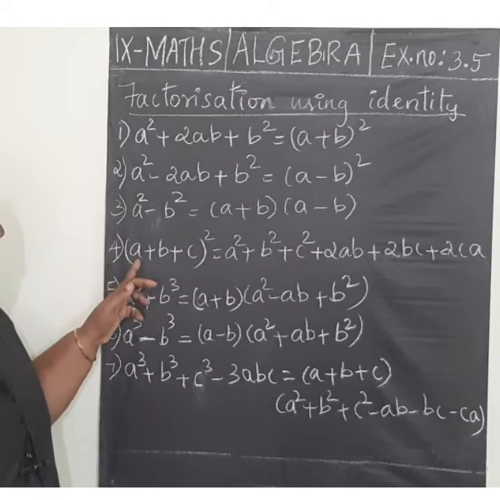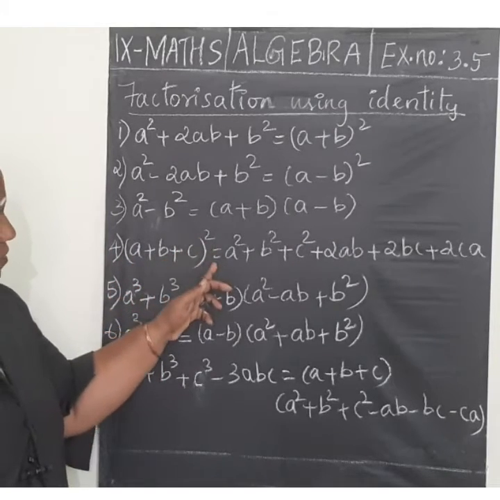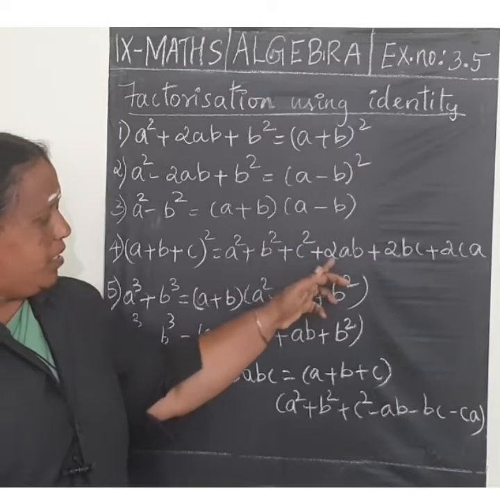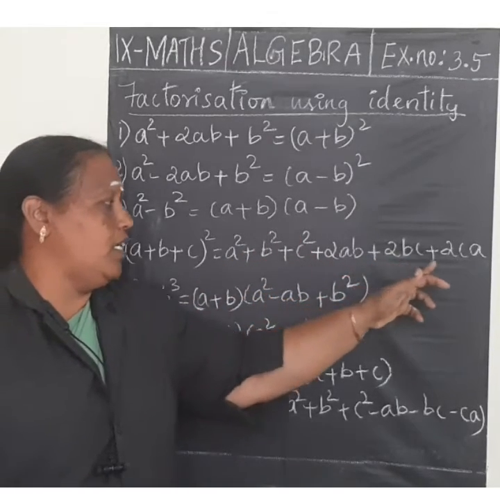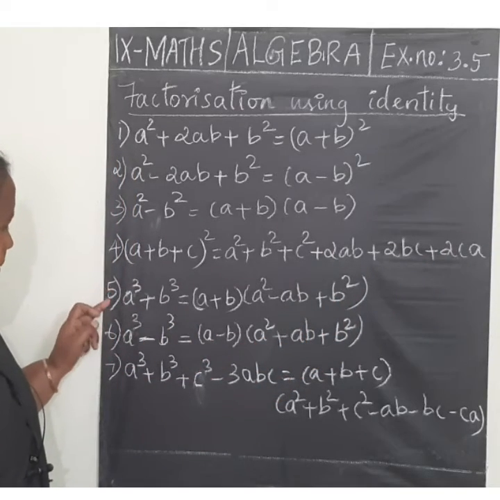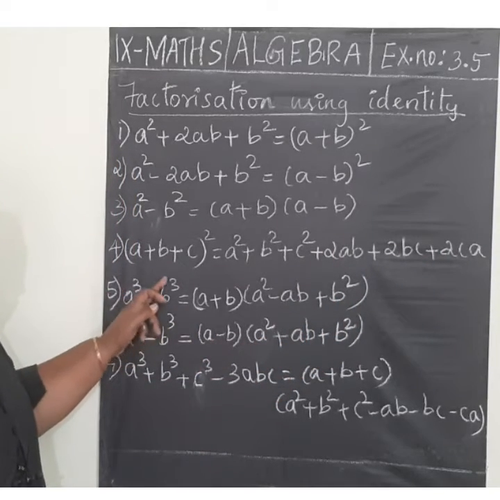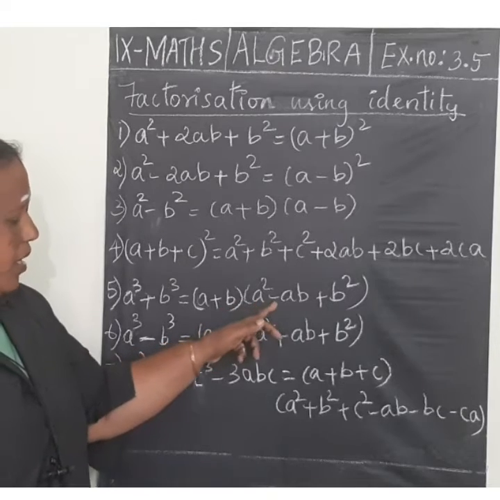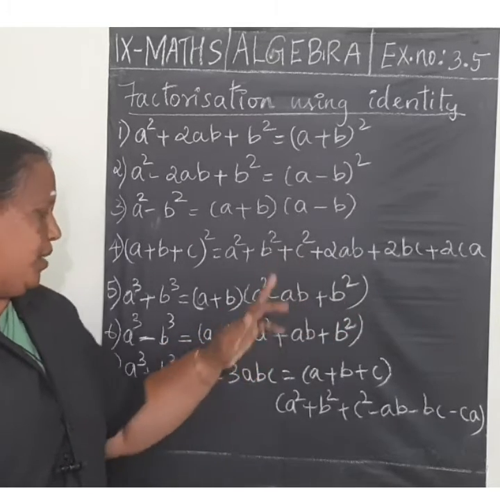Next, fourth one, a plus b plus c the whole square is equal to a square plus b square plus c square plus 2ab plus 2bc plus 2ca. Next, fifth one, a cube plus b cube is equal to a plus b into a square minus ab plus b square.